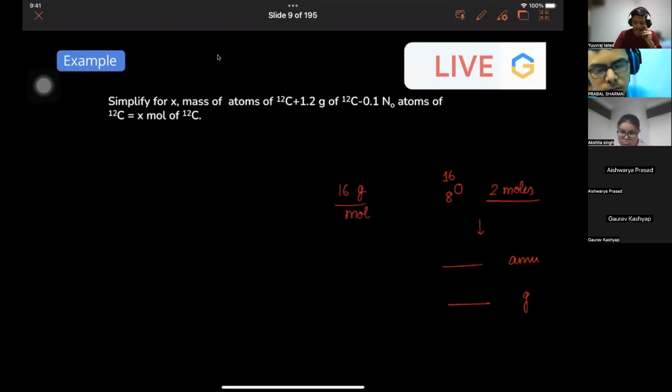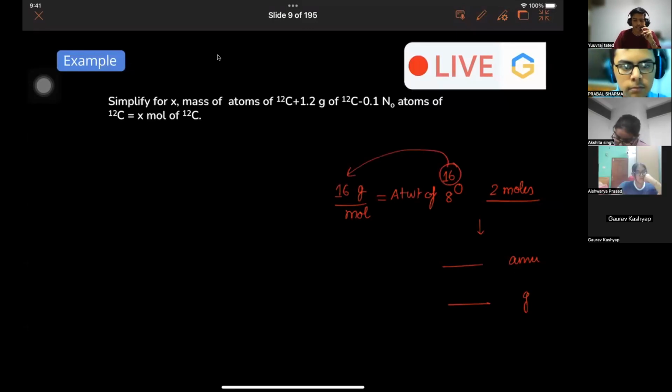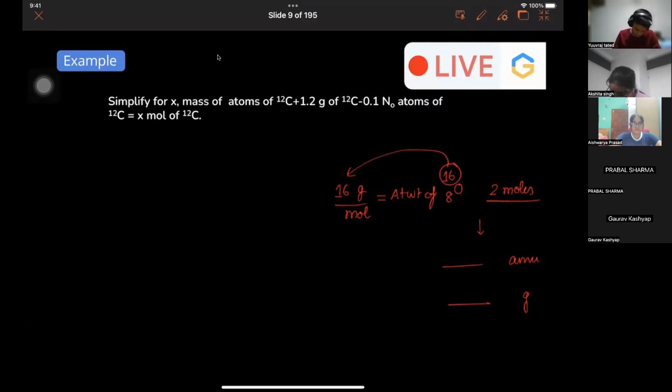This is the definition of atomic weight. Yes or no? Unit of atomic weight is gram per mole. Always remember. Or AMU: AMU for single unit, gram for 1 mole. So you can say 16 gram per mole or 16 AMU for 1 unit.